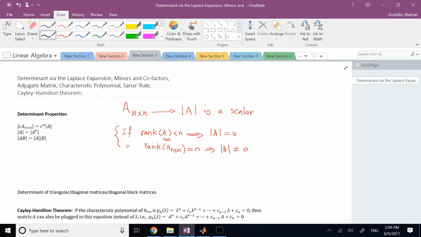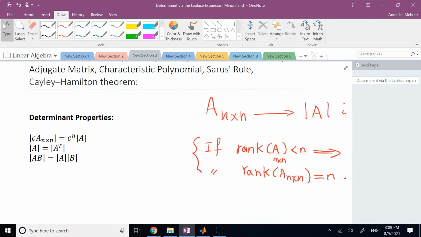Good. Now, some important properties of this determinant operation: if you transpose the matrix, the determinant is going to stay the same. So swapping rows and columns is not going to do anything. If you have two matrices multiplied together, the determinant of the product is the same as the product of the determinants. Okay?